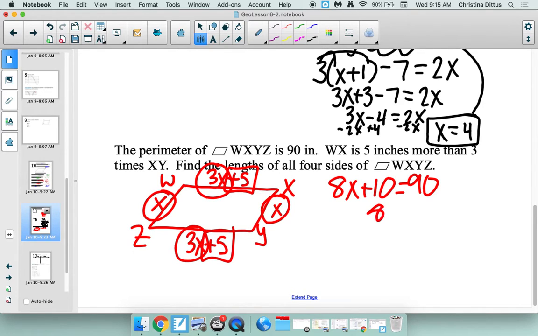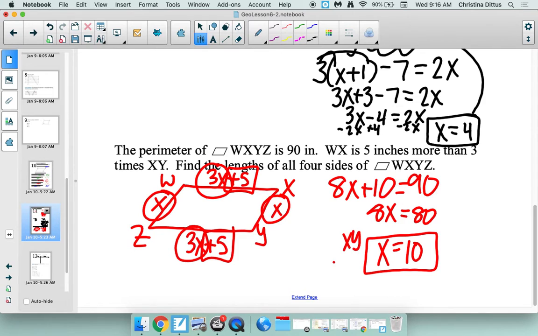Subtract your 10. 8x equals 80. So x is 10. Does it ask what x is though? No, it says find the sides. So XY and YZ are 10. The WX and ZY are 35.